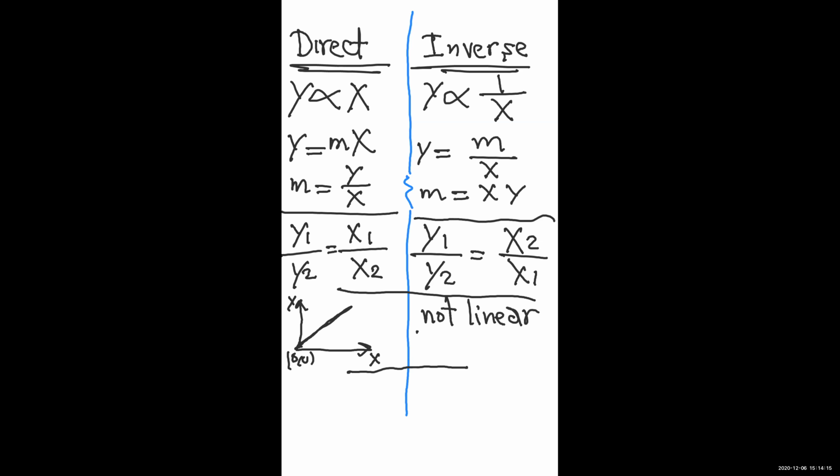To prove that y varies directly with x, we have to prove that y equals mx. And to prove that it varies inversely, xy equals m, right? xy equals m.